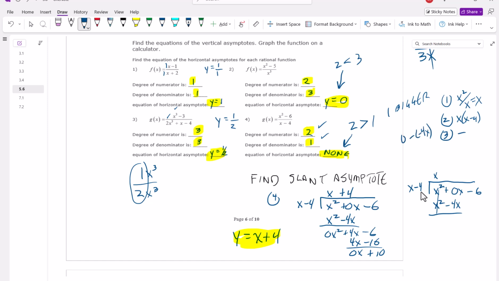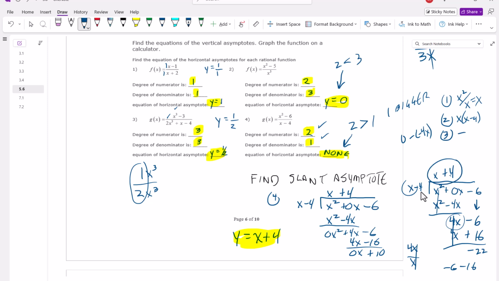Then you bring down the next term. Start over again. So now you're going to do 4x divided by x, which is positive 4. And then you do the same thing. Multiply. 4 times x is 4x. 4 times negative 4 is negative 16. Subtract. Negative 6 minus negative 16 is 10. So x plus 4 is your slant asymptote right there.